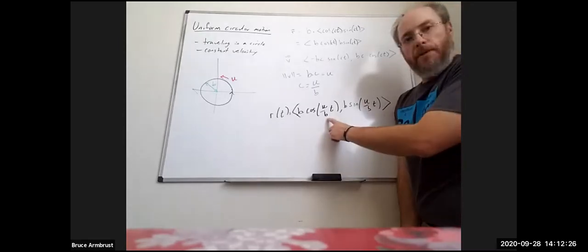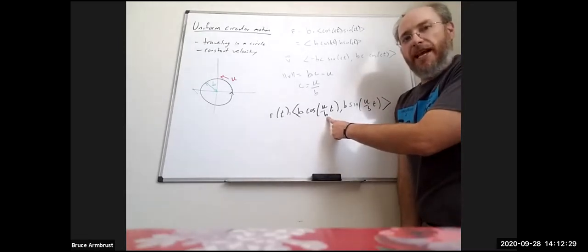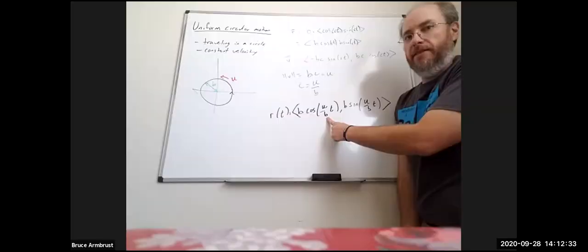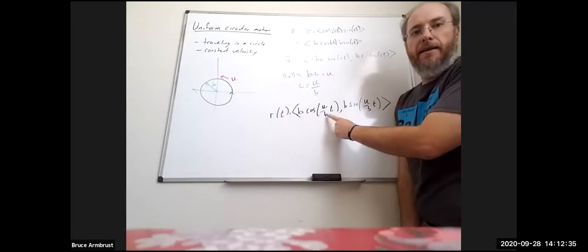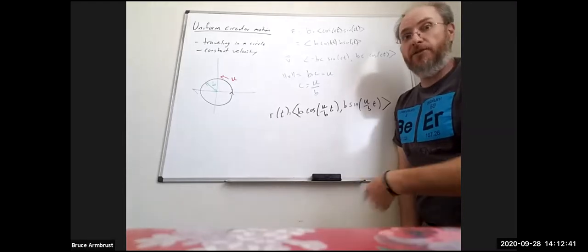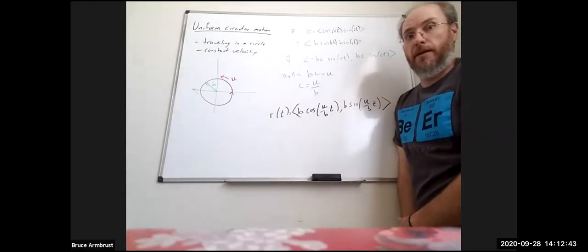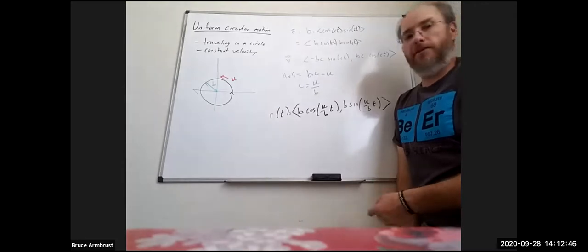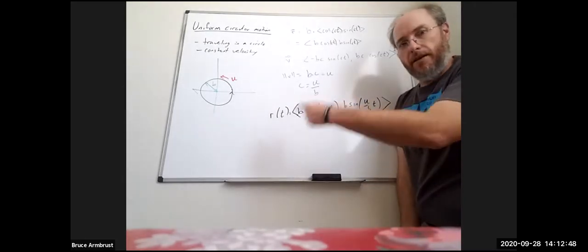When you have a multiplier on the t, what does that change? Not phase. Phase would be if there was an add. It's the period. It changes the period, changes how often you cycle through. Now the cycling through of the cosine is going all around the circle.